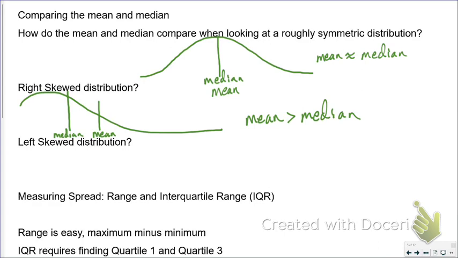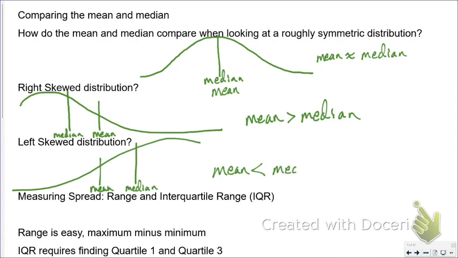And that goes the opposite way with left skewed. I know the median is probably around here. And those lower values are affecting the mean. So they're pulling the mean smaller than the median. And you know that for sure. The mean is less than the median.